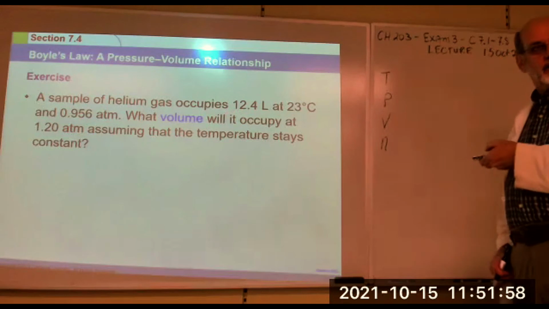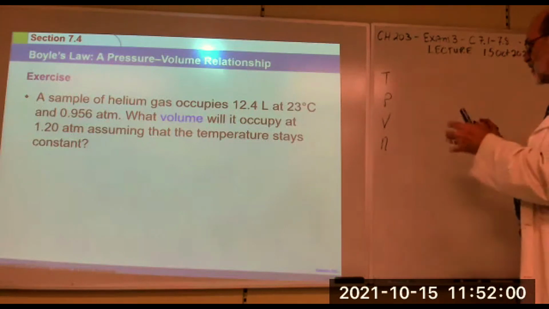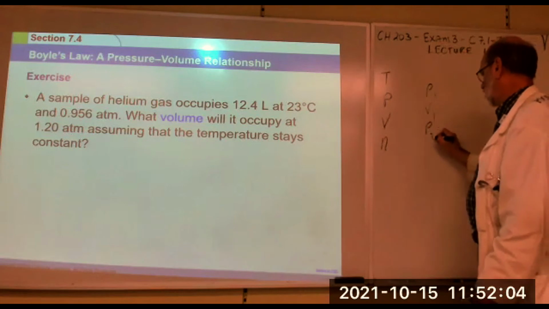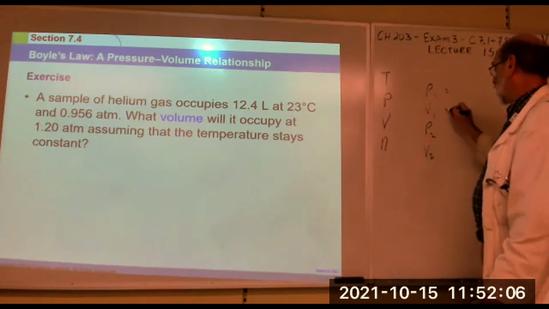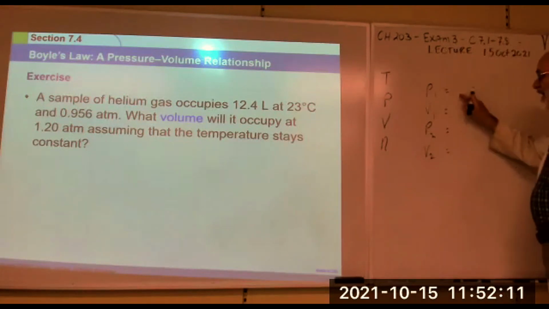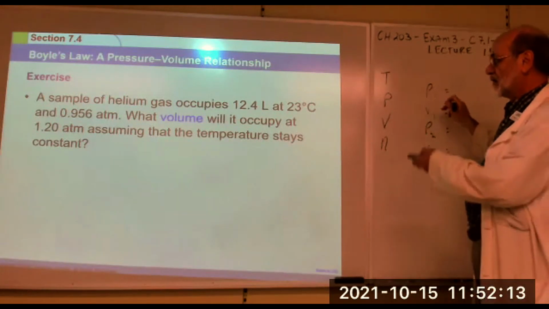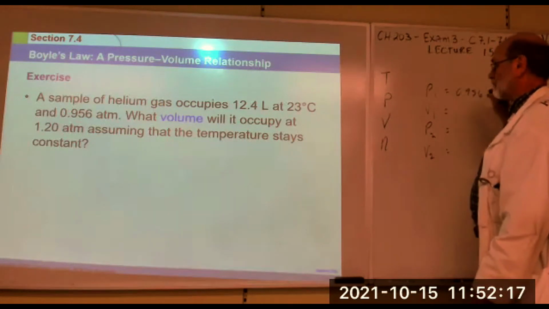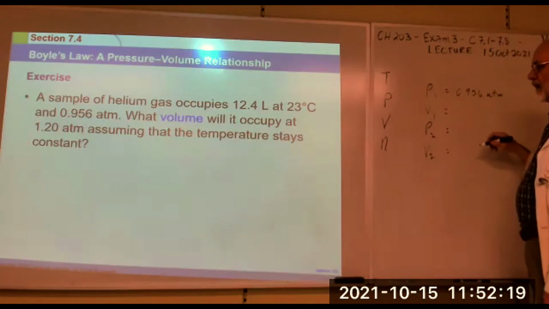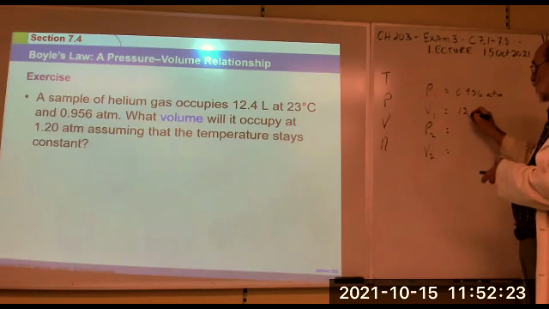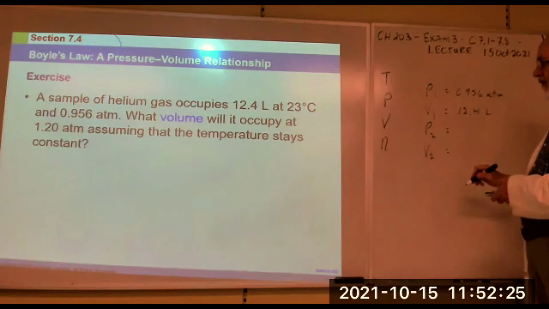What's the volume after that? So it's important to identify which one's which. Otherwise, if you put them in the wrong place, you get the wrong answer. So the beginning pressure is 0.956 atmospheres, and the volume associated with this pressure is 11.4 liters.